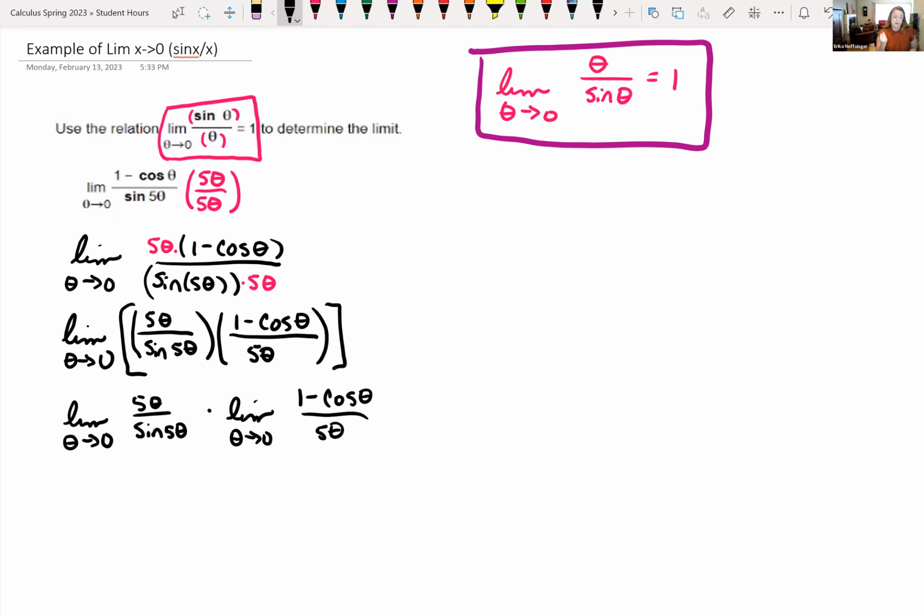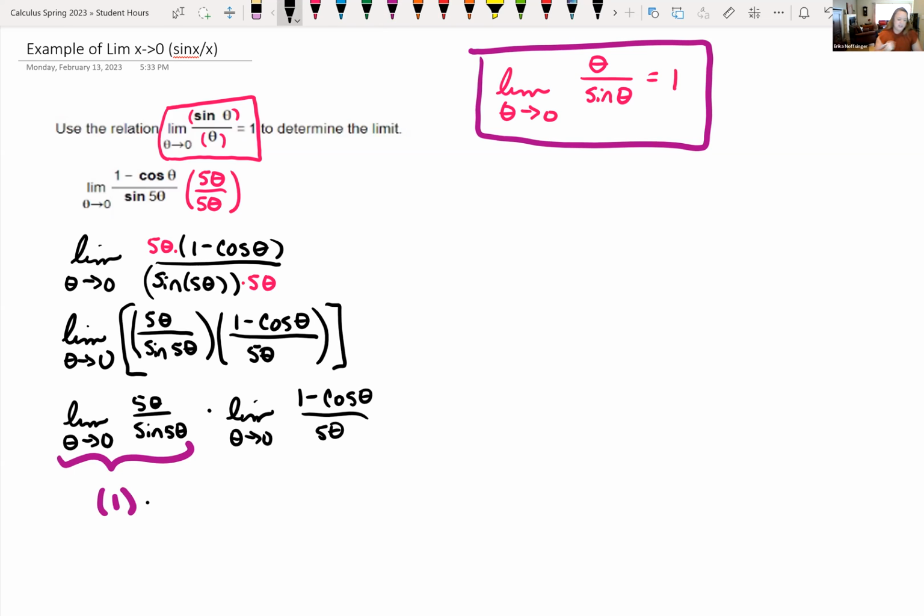From that relation that we were just given above, I can say that this limit as theta goes to 0 of 5 theta over sine of 5 theta is equal to 1.